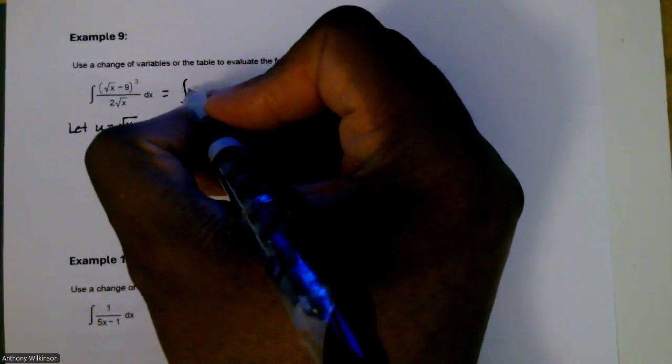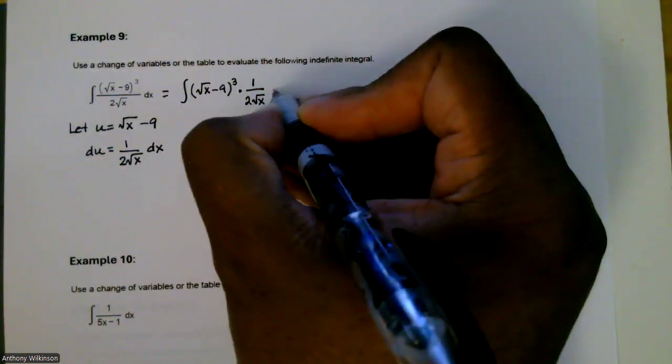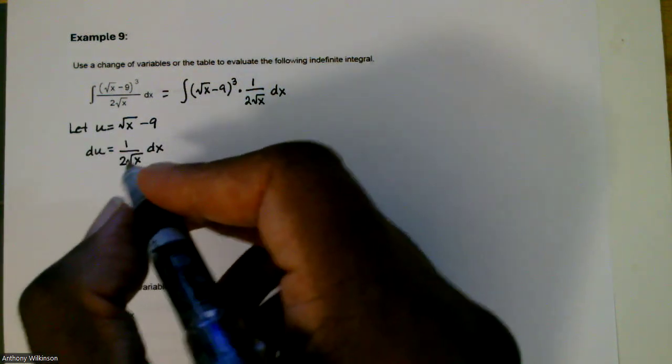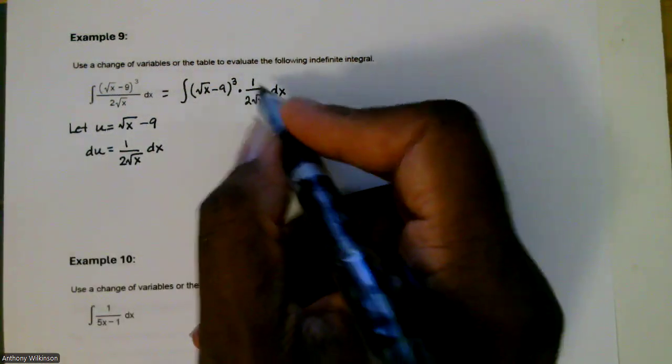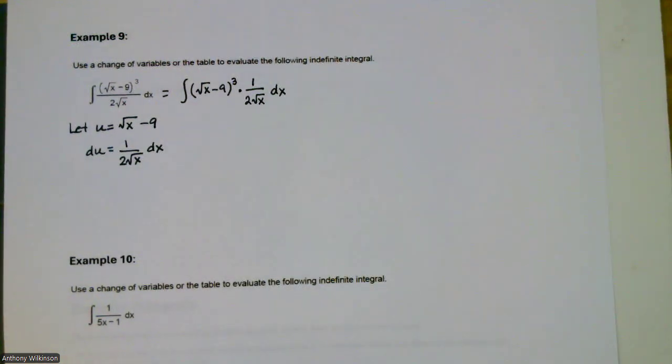Now, what I'm going to do is rewrite this as the integral of square root of x minus 9, cubed, multiplied by 1 over 2 square root of x dx. I'm just breaking this apart so you can see what du is going to be, 1 over 2 square root of x, which is exactly what I have right here.